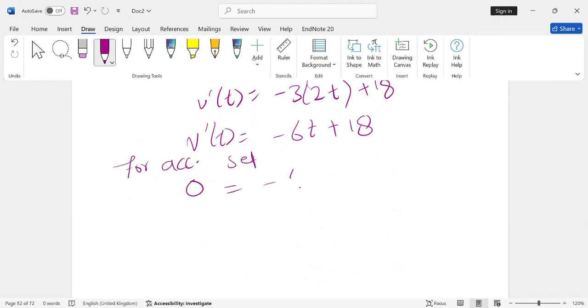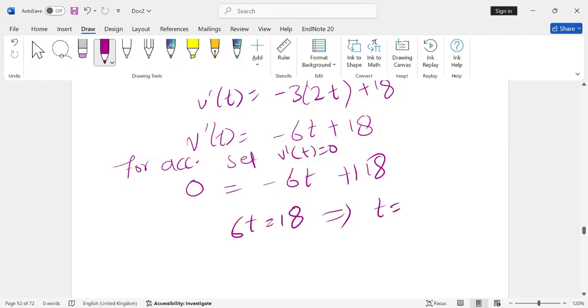Set v prime of t equal to 0, so minus 6t plus 18 equals 0. Now we say 6t equals 18, and we have t equals 3 hours. This is our time. Next we have to find the maximum speed value.